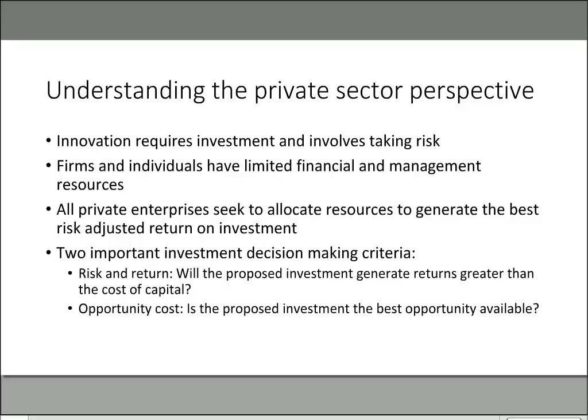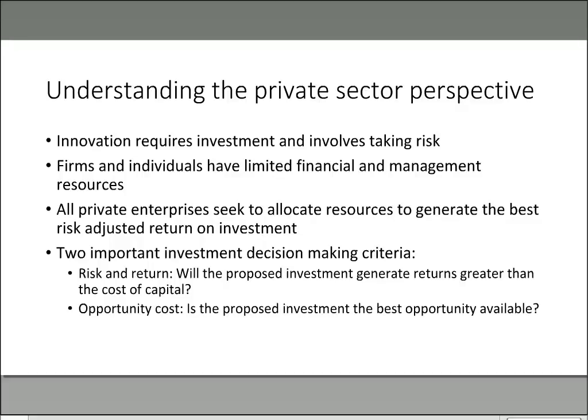They will be taking risk and allocating limited resources. And if we, as the development agent, want them to allocate some of their resources in a particular way, we need to look at our preferred option in the context of the investment decision-making criteria used by our co-investors when they're making their investment decisions.